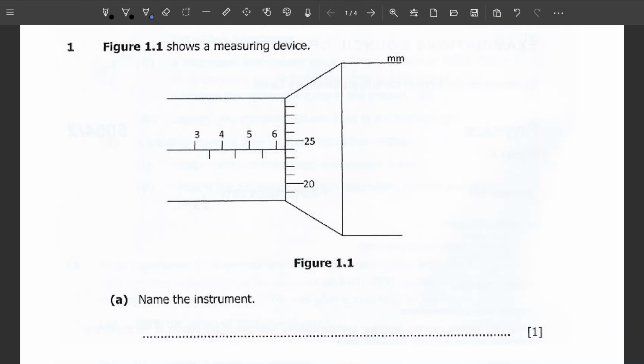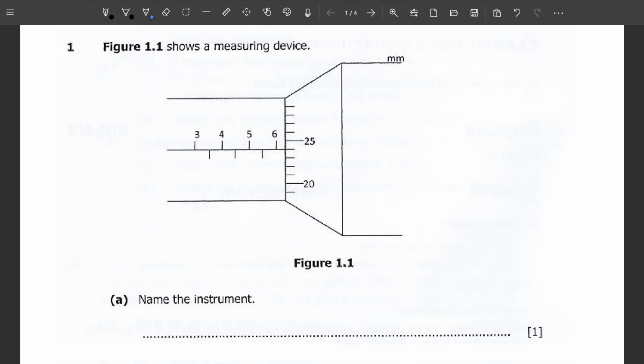In this video, I'm going to show you how you should have answered some of the questions in this assignment or revision. So let's go straight into this revision without wasting much of our time.